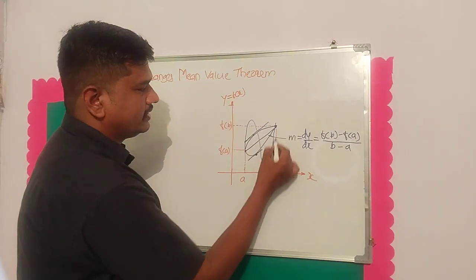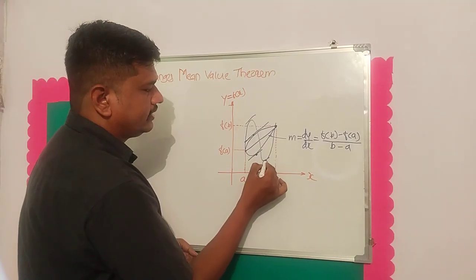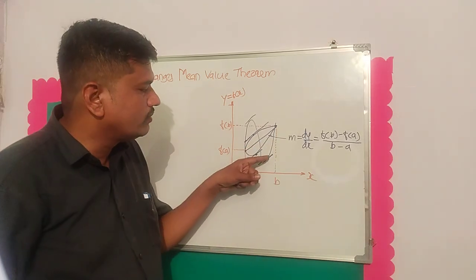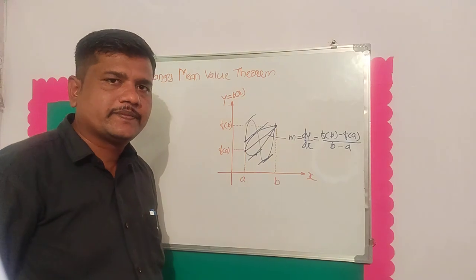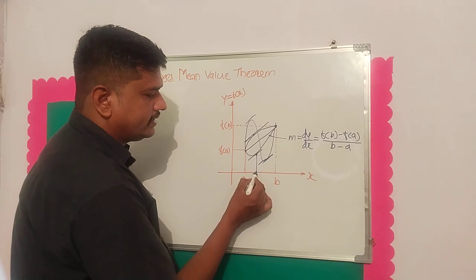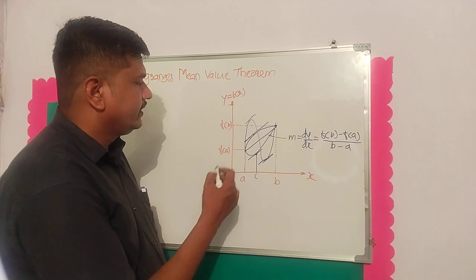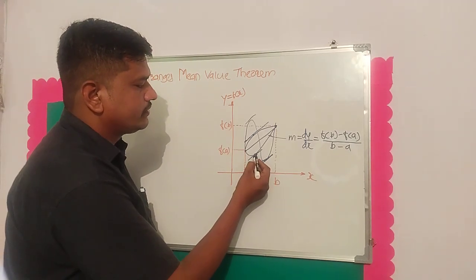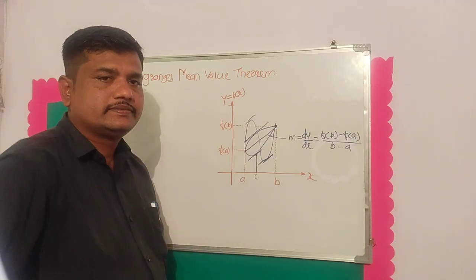Say for example, for this curve we have one somewhere here and one more at this point, which are parallel to this one. That means the slope of these lines is equal to the line joining start point and end point. So this is a point C which lies between A and B, and which has the same slope as that of the line joining the start point and end point.